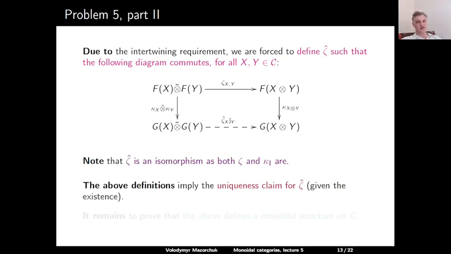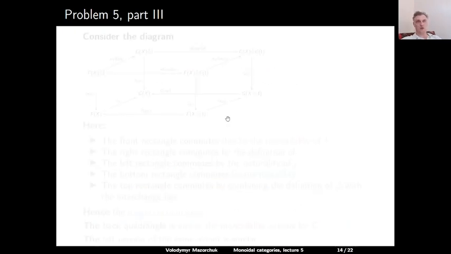Of course, we need to check that these two natural transformations indeed define on G the structure of a monoidal functor. So let's prove that this defines on G the structure of a monoidal functor. We need to check one hexagonal axiom and two quadrangle axioms for the unitality.